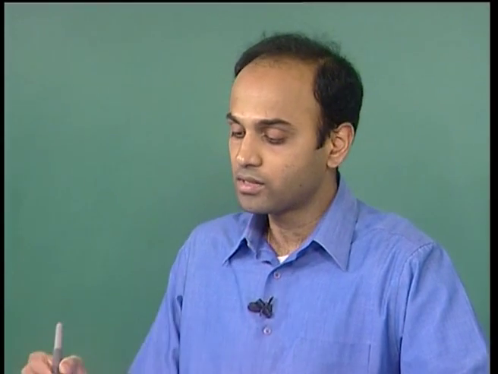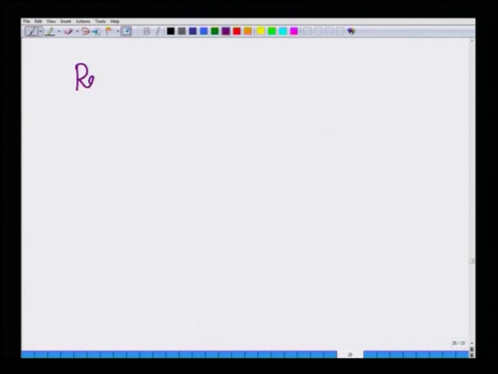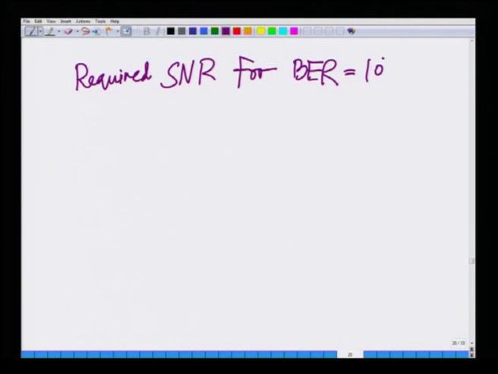We are told that SNR required should be enough to support BPSK decoding at 10 to the power of minus 4. Hence, the required SNR for BER equals 10 power minus 4 with BPSK.